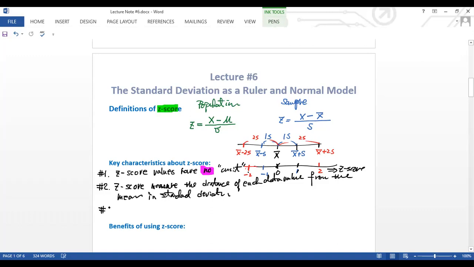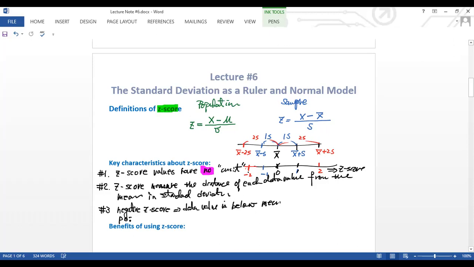Okay, and then number 3 is the key characteristic about the Z-score. We know the negative Z-score, what does that mean? That means your data value is below the mean, right? Like here, we have -1, -2. That means your data value is below the mean.